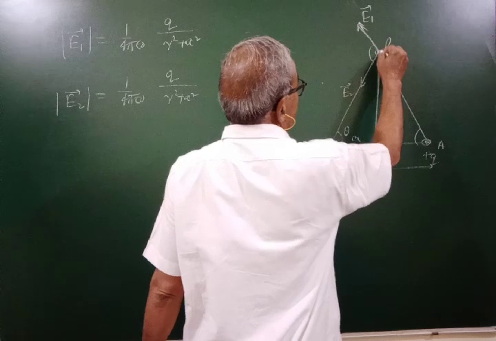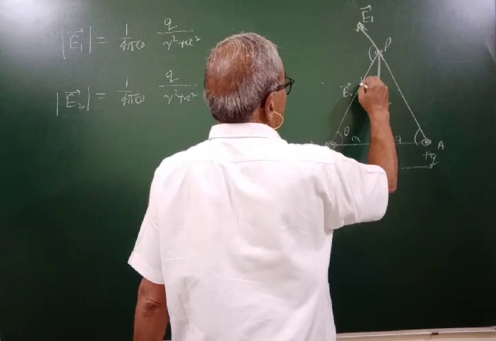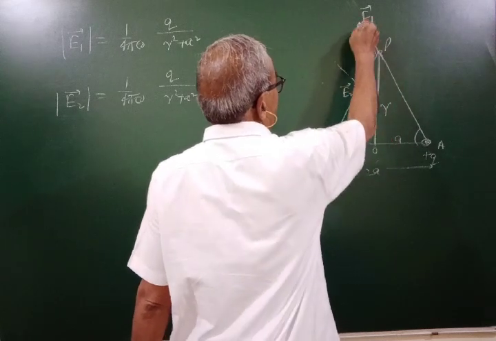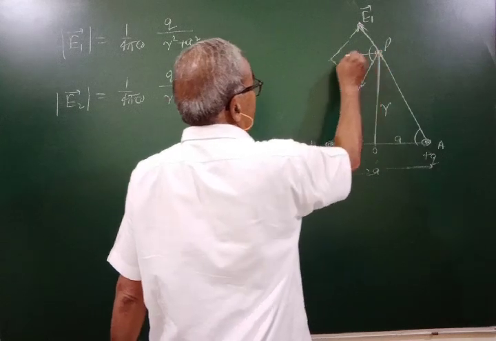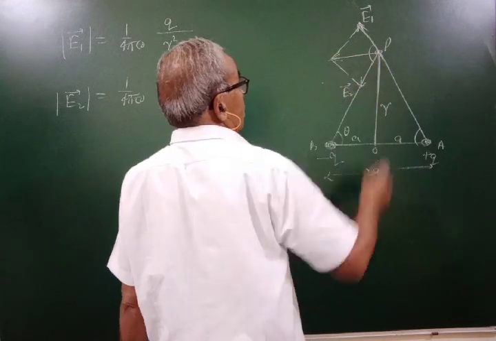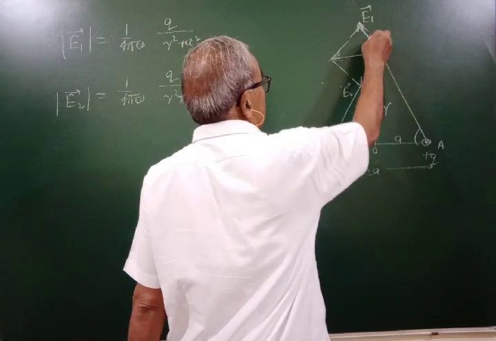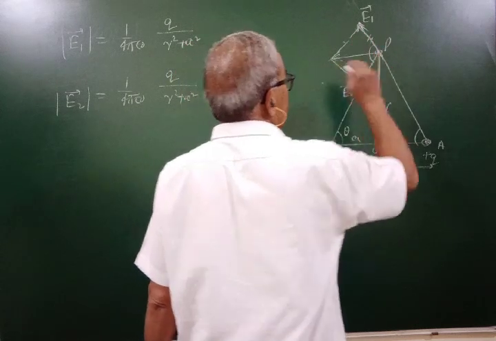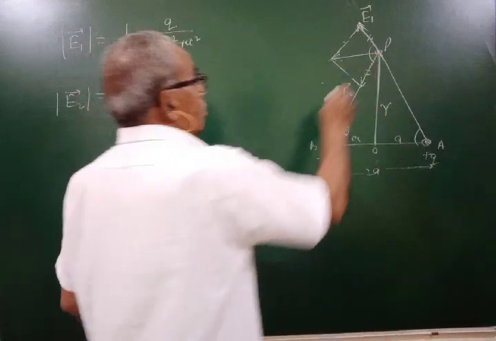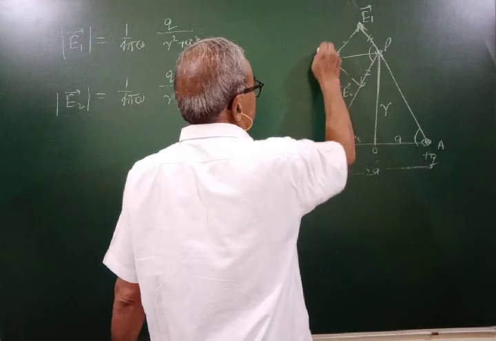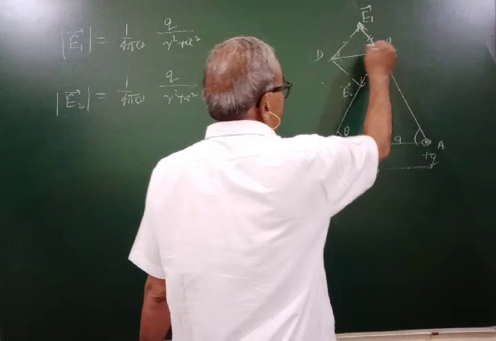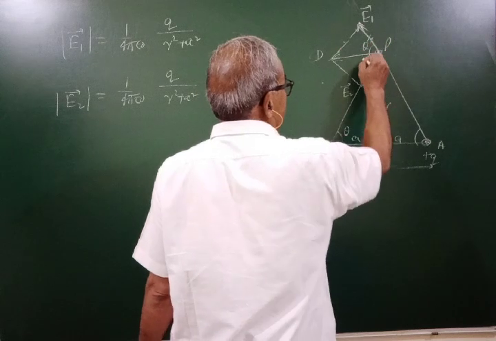We resolve vectors E1 and E2. If I complete this parallelogram, the resultant of these two will be along this direction, since this side equals this side. Suppose this diagonal is PD. It bisects this angle, so this angle is theta.